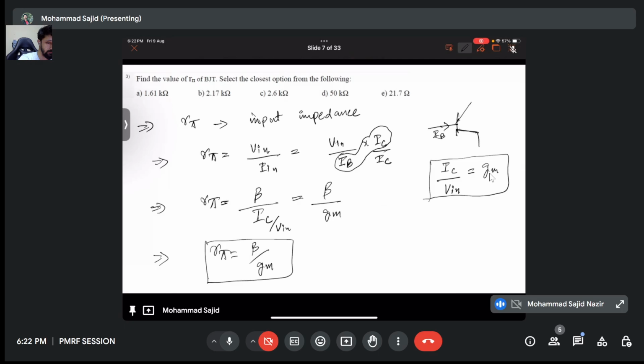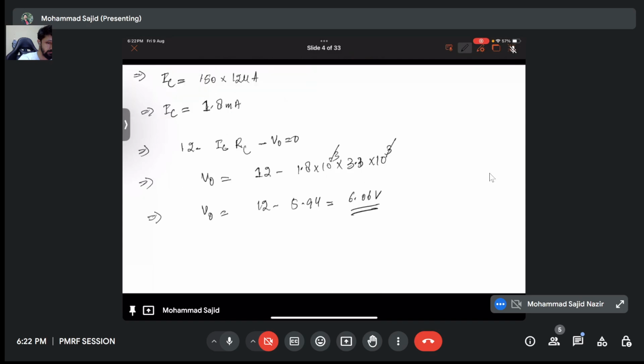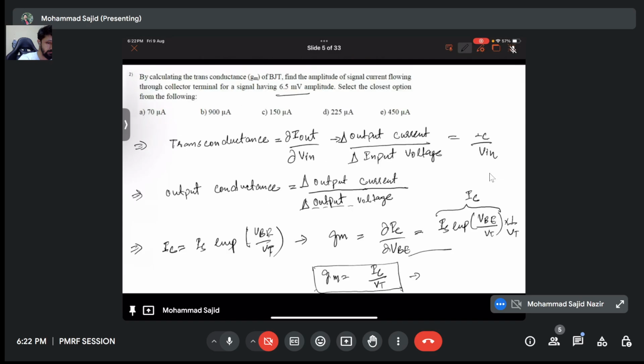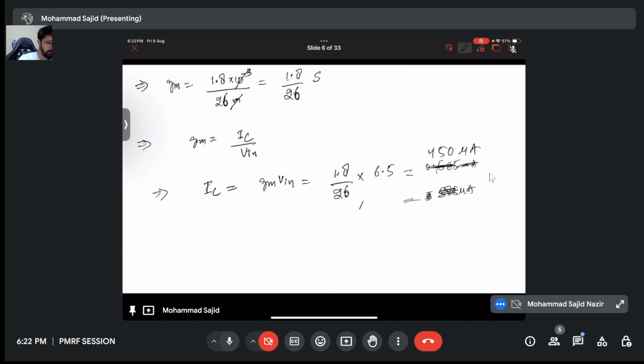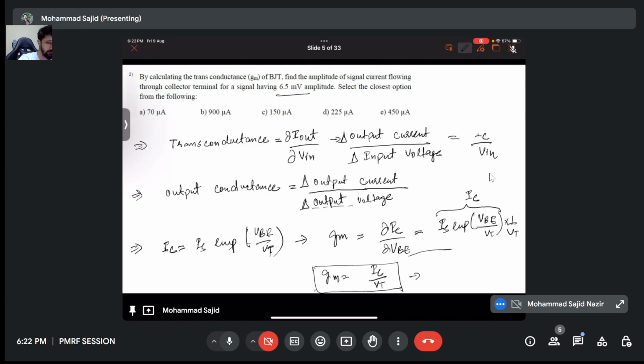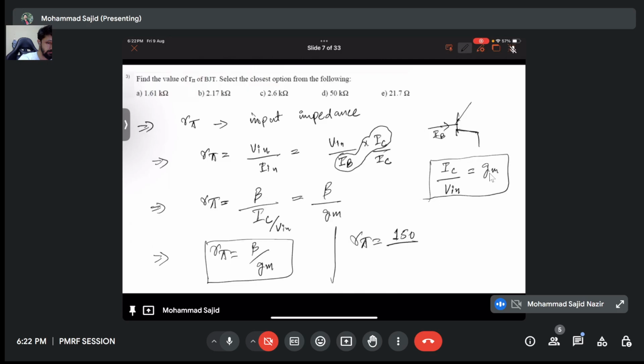So now can you calculate R pi? R pi will be beta. So beta is 150 divided by GM. We just calculated GM, 1.8 by 26.